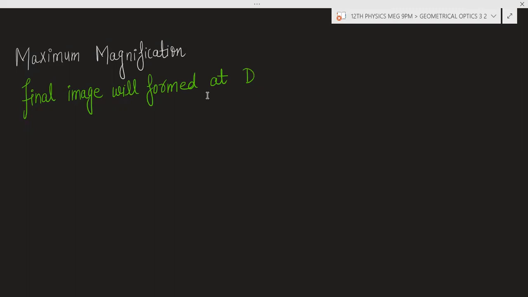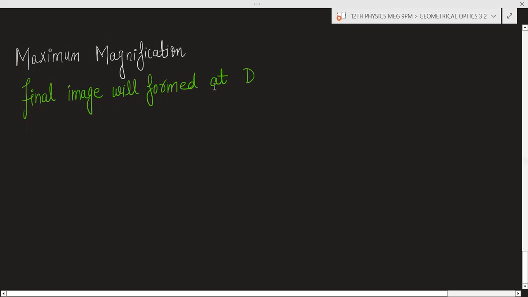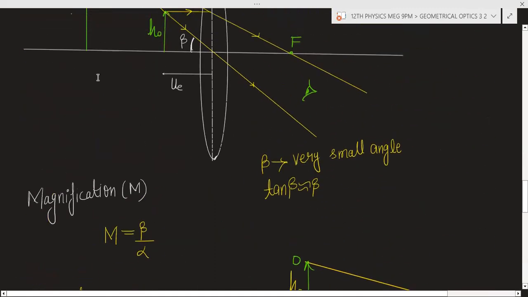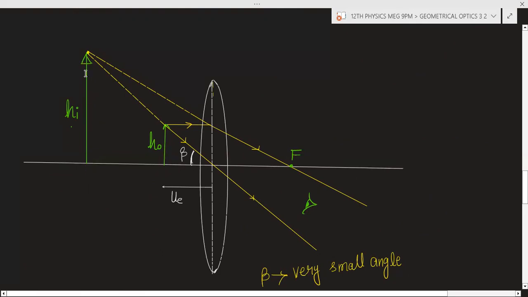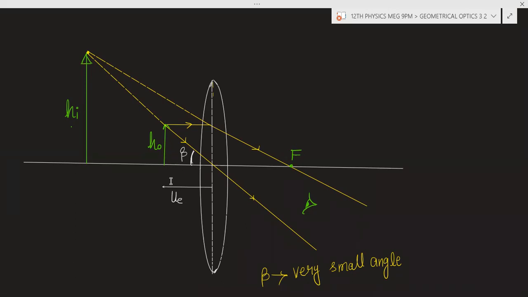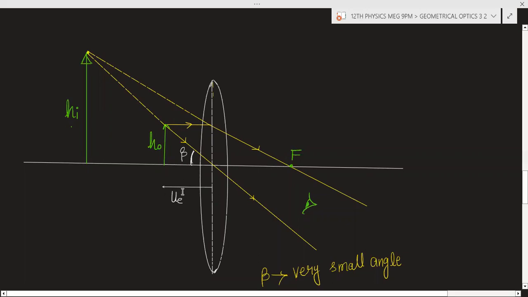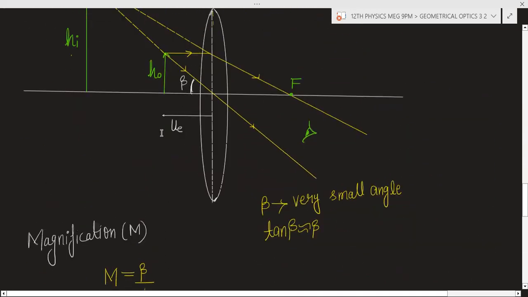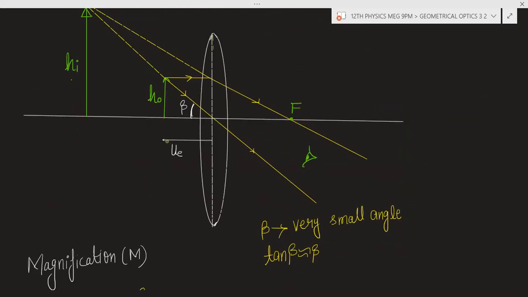Now the image is forming at a distance of D. Here you can see the image is forming at some distance and the object is here. So now see, this object distance is UE, and this UE we will take negative. Why?